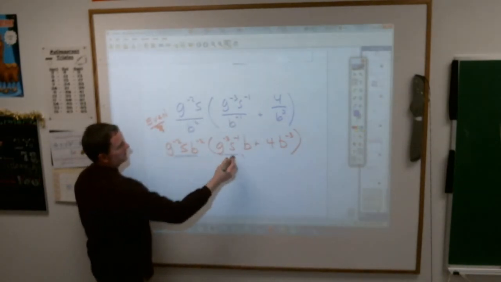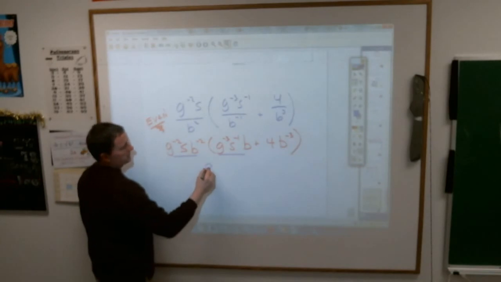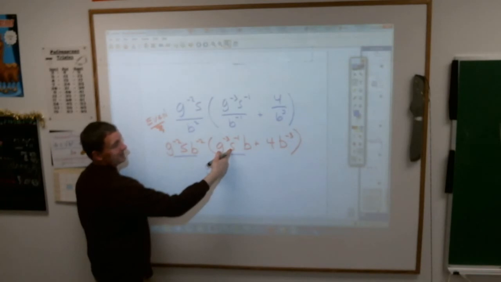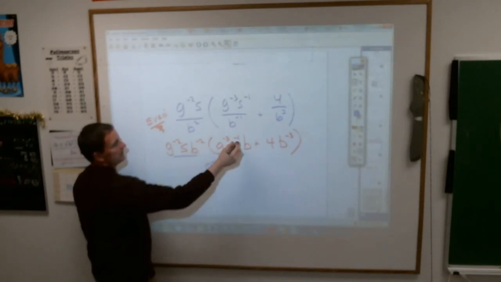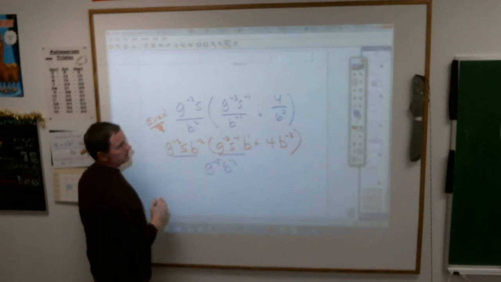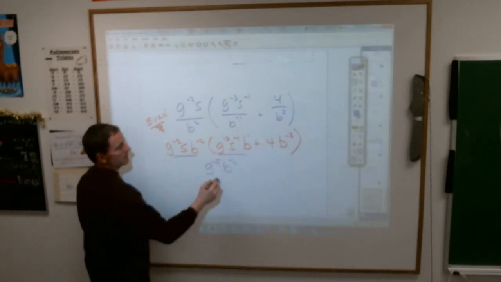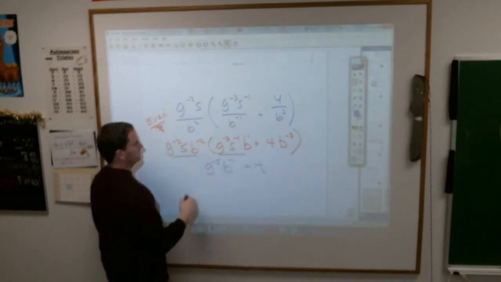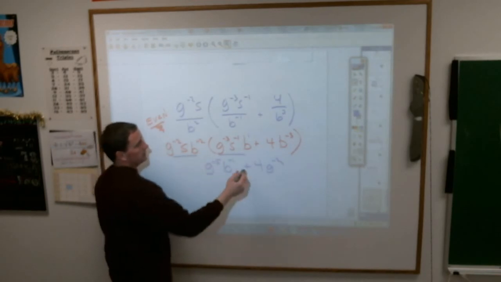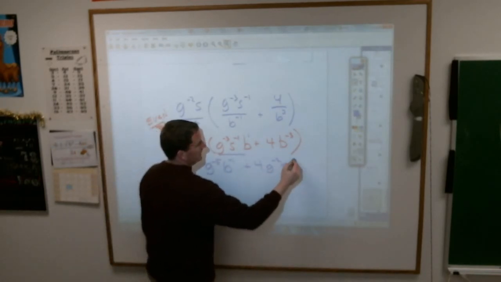Multiplying this times this, g to the negative 2, g to the negative 3 is g to the negative 5. s and s to the first gives you s to the 0 power, which means it goes away because that's the same as 1. b to the negative 2 times b to the 1 is b to the negative 1. Correct? Plus 4, g to the negative 2, s, b to the negative 5.